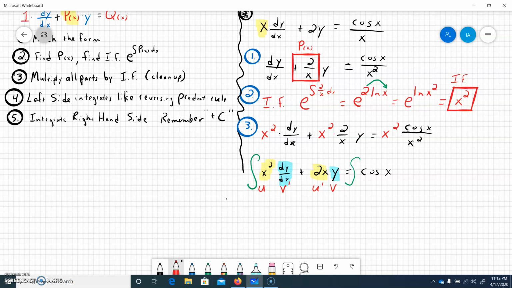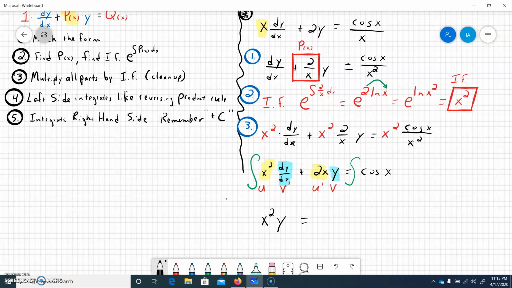So we don't, like I said, we don't want to try to integrate these separately. We're just going to go ahead and treat it like we're reversing a product rule. Aren't you glad you finally got that? So now that gives us u times v.